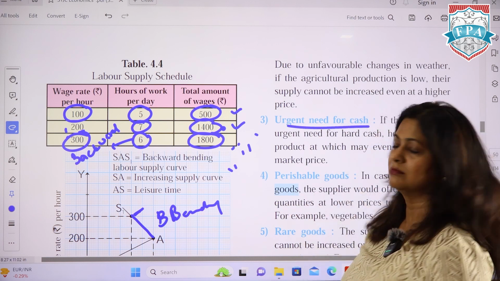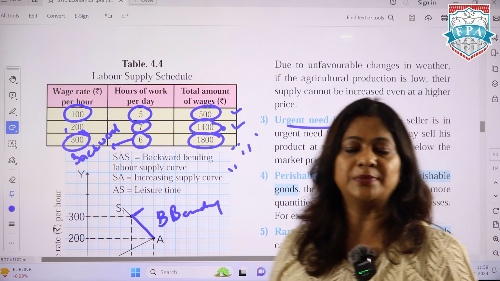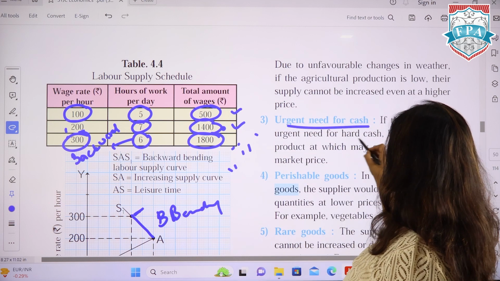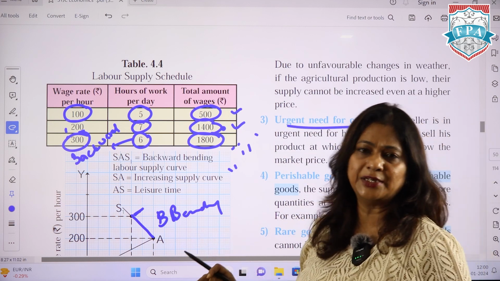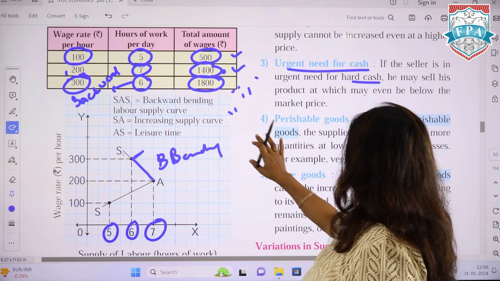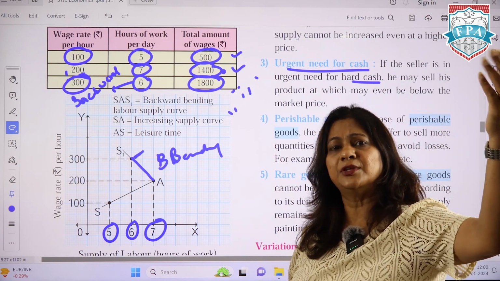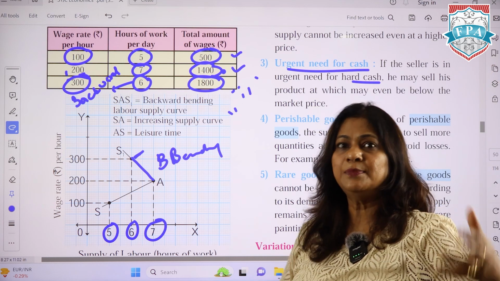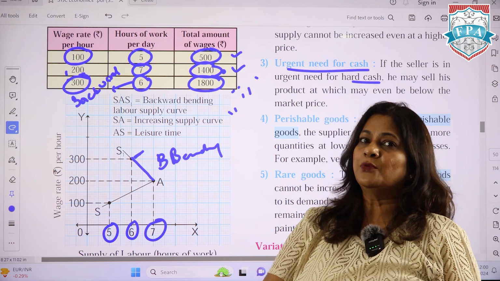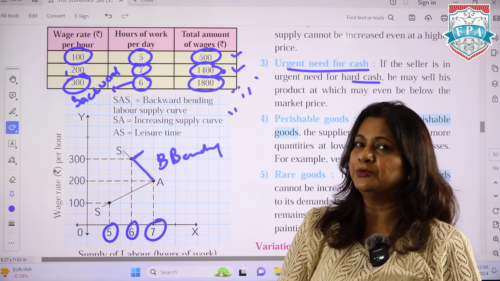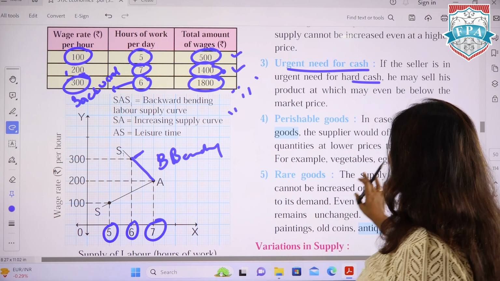Urgent need for cash. I think I don't need to explain it. Sometimes I am really looking out for hard cash, so the person will be ready to supply even at a lower price. Perishable goods. सब्जी मंडी में आप सब्जी लेने जाते हो, शाम के वक्त यूजुअली सब्जी सस्ती मिलती है. Why? Because it's of perishable nature. The supplier is ready to supply to you even at a lower price.